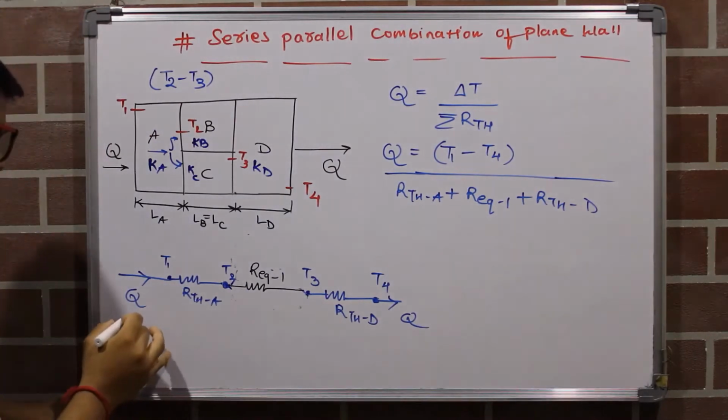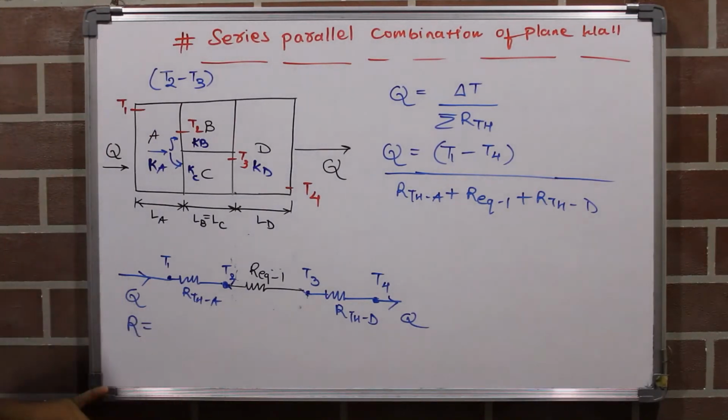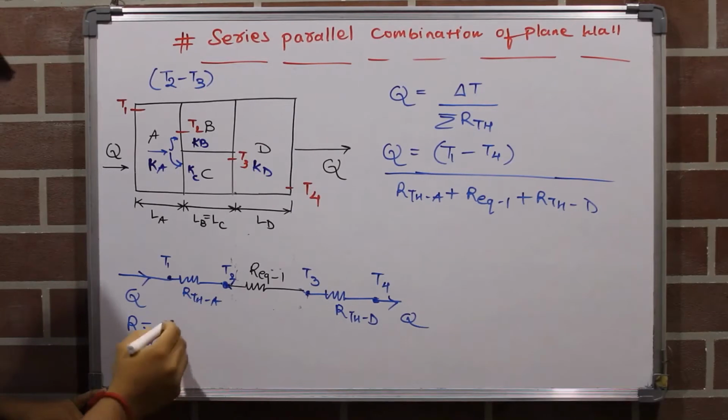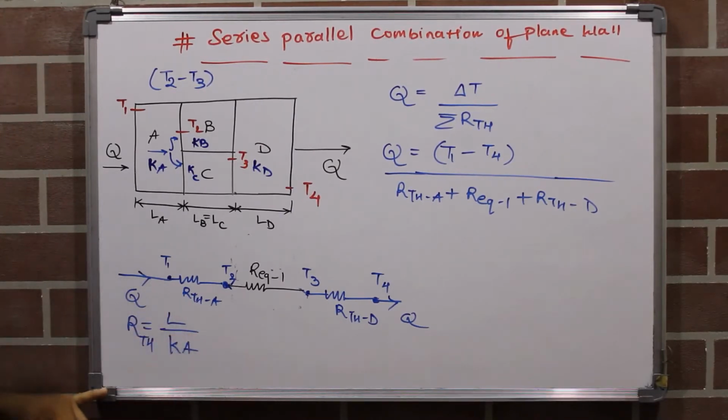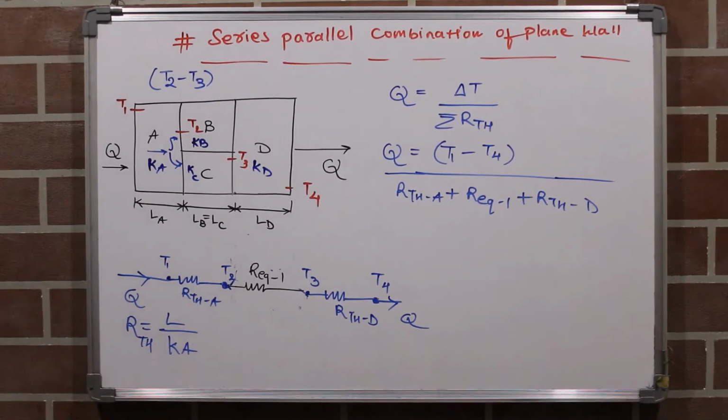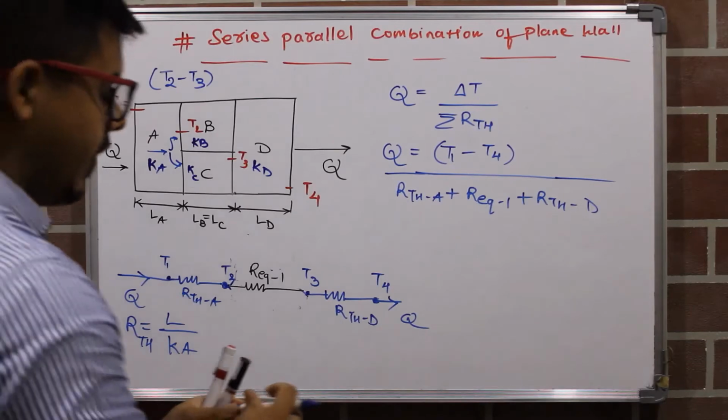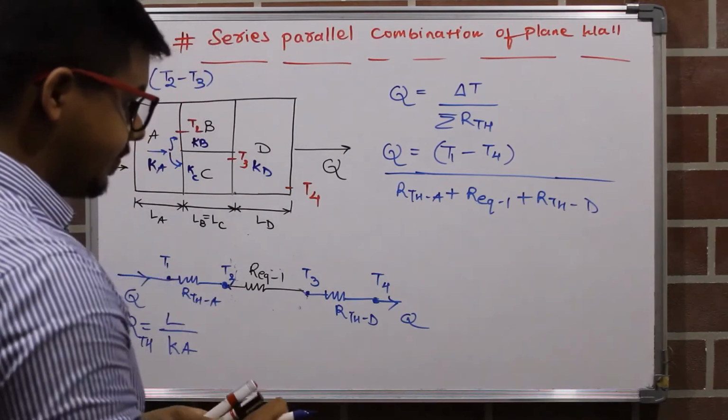So what is the formula of thermal resistance? In case of a plane wall, it is L by KA. L is the thickness, K is the thermal conductivity of the wall material, and A is the area. So we will substitute that.